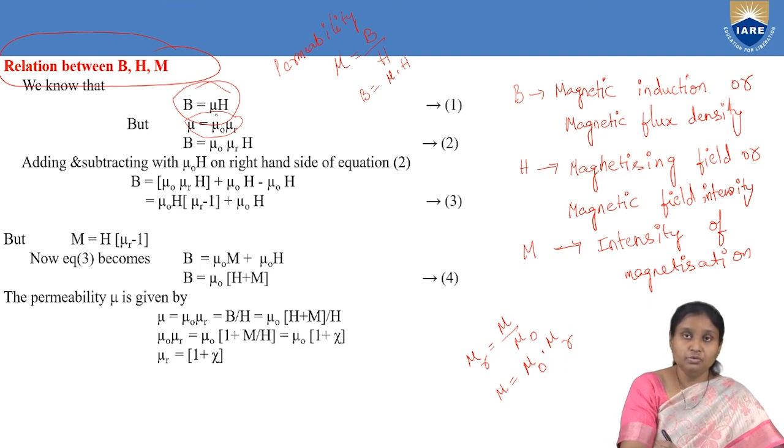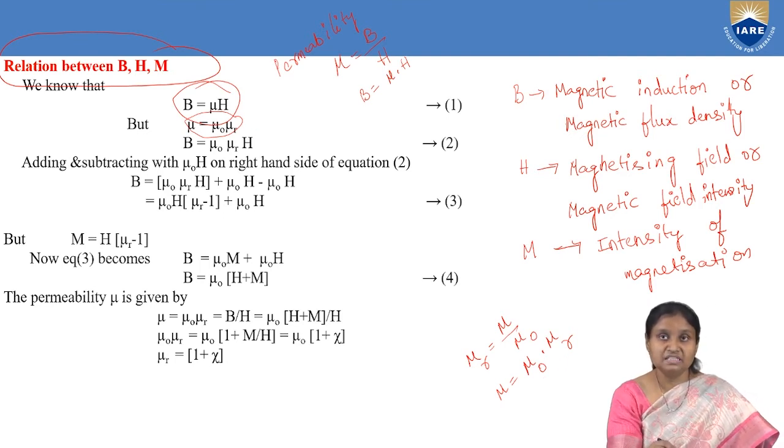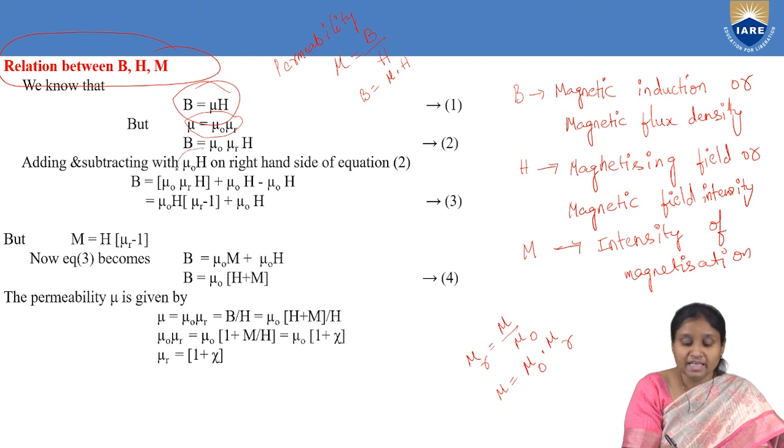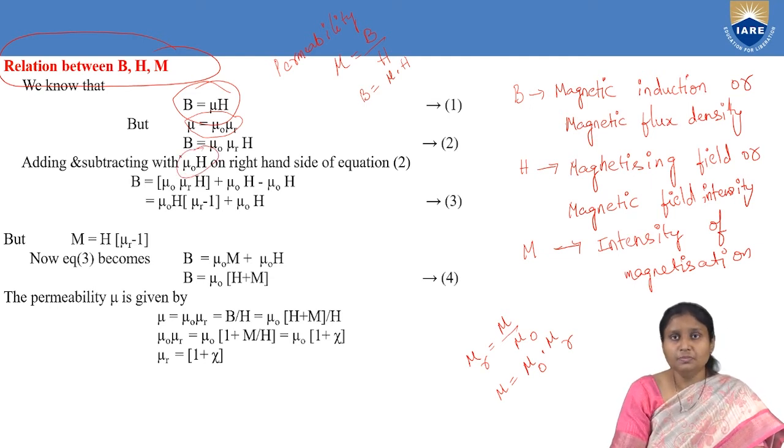So in place of mu, if I substitute mu naught into mu r, then after that we are adding and subtracting mu naught H on both sides.